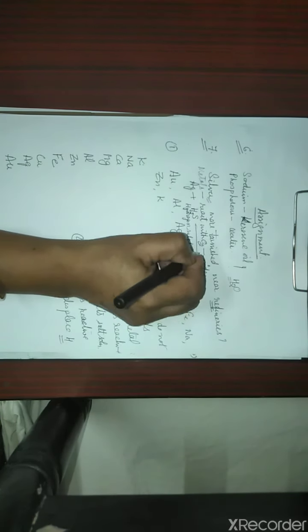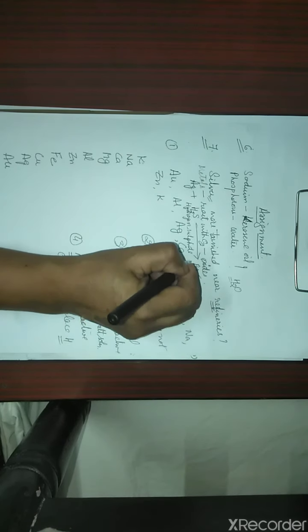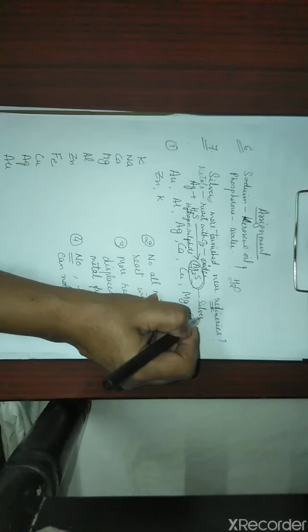So it will react to form Ag2S. This is a layer which is being formed over silver object.